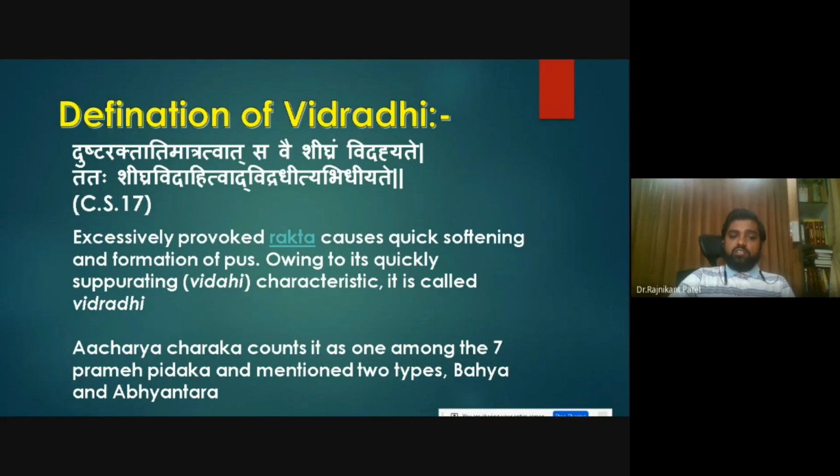Simple. Now, it is interesting to note here that Acharya Charaka has counted it as one among the seven Prameha Pidaka. When we read the seven types of Prameha Pidaka, the last one is this Vidradi, and Vidradi also has two types, Bahya Vidradi and Abhyantara Vidradi. So this is the definition of Vidradi. When Rakta Dhatu is too much increased, it will form pus.